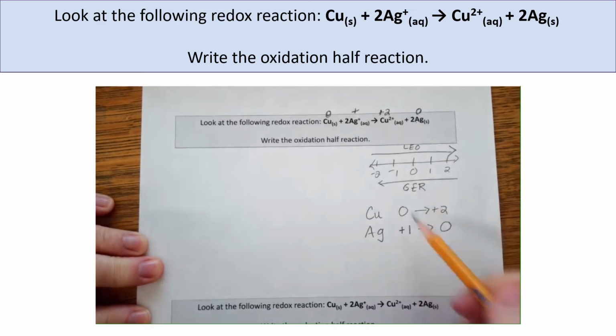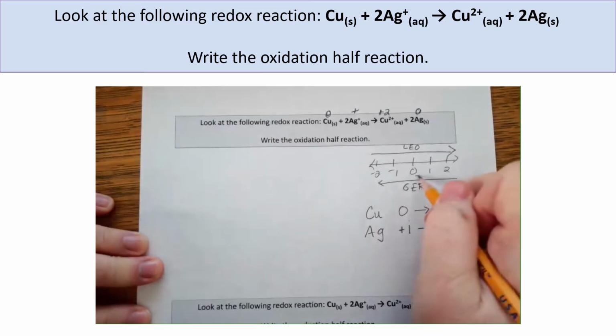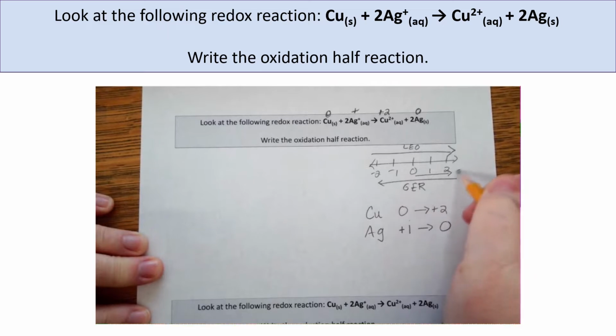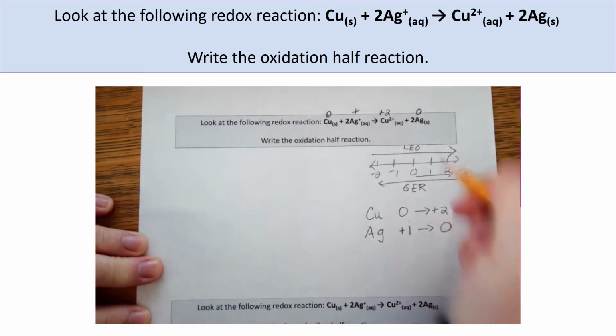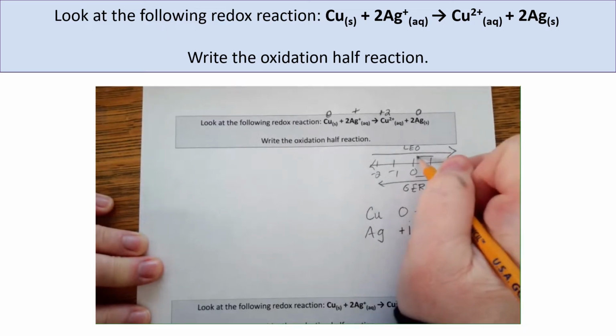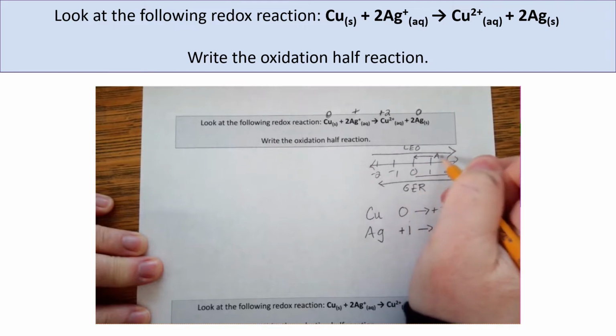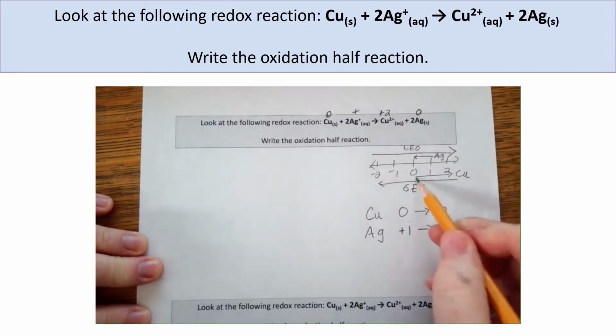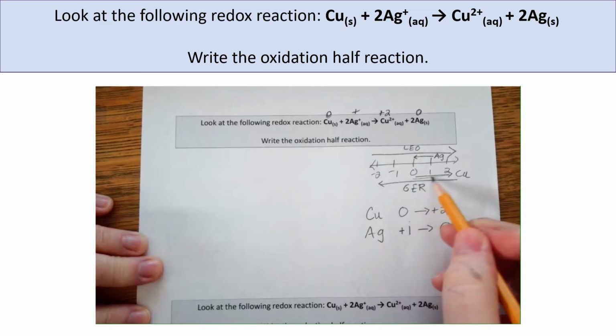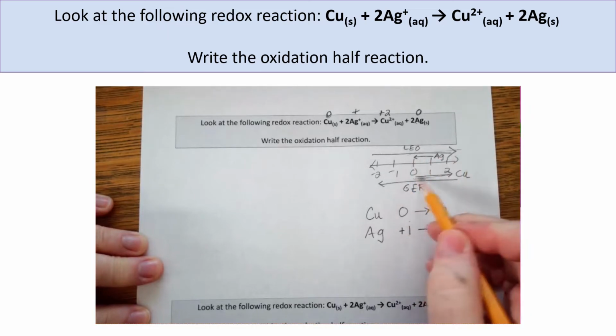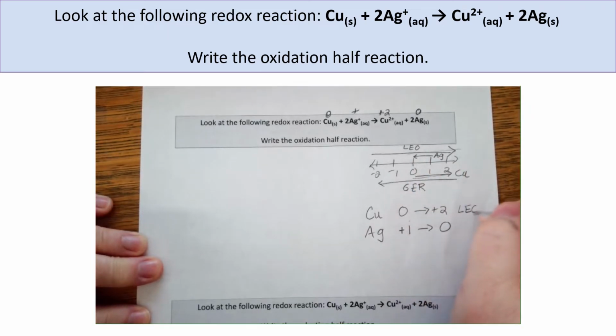So let's look. Copper went from 0 to +2. Ag went from +1 to 0. All right, so this arrow right here for copper from 0 to +2 is following this arrow. So that is Leo.